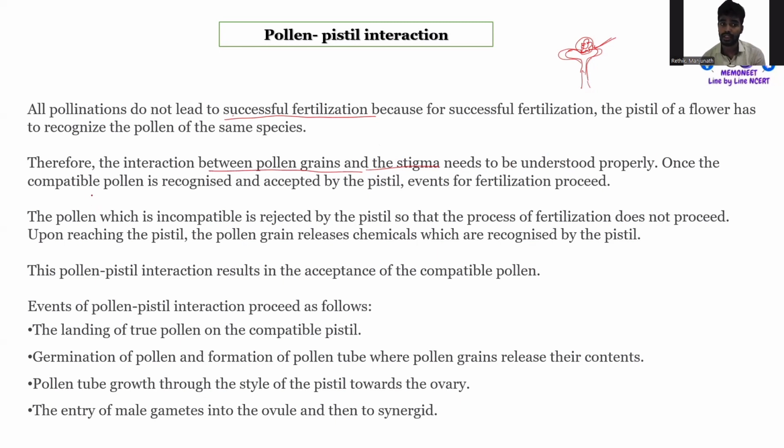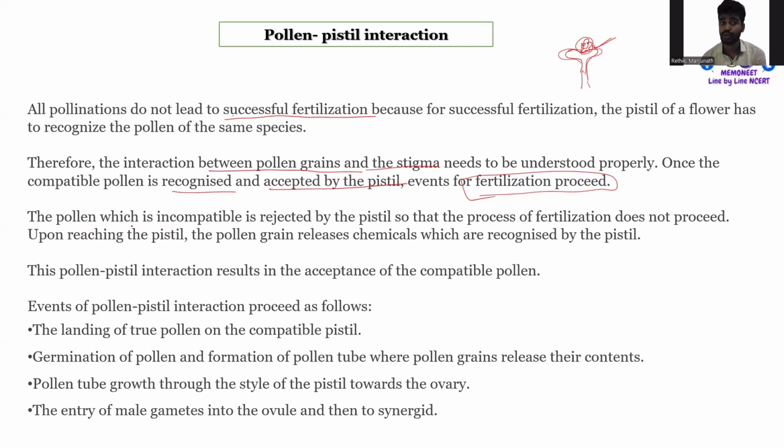Once the compatibility of the pollen grain has been recognized and it has been accepted by the pistil, the female reproductive part, only then will fertilization proceed. If not, fertilization will not happen. You're getting me?